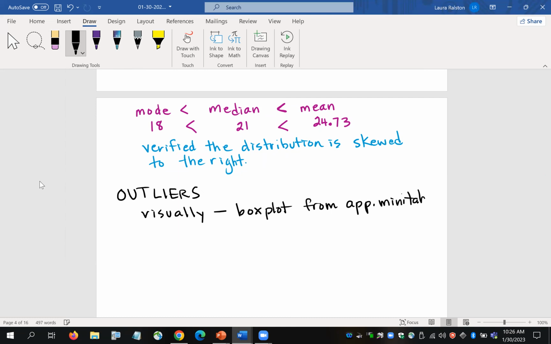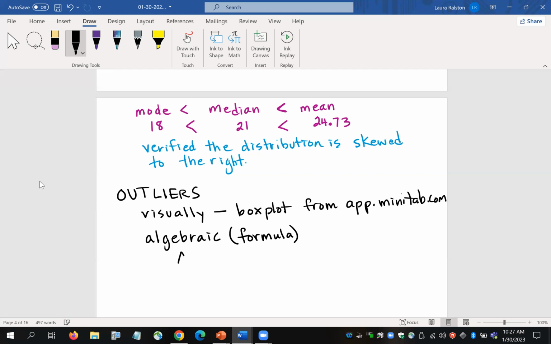But how could we, if we didn't have that box plot to look at? Or how can we confirm, again, verify that those values are really outliers? We have a formula, or if you want to call it an algebraic method, for determining where the outliers are. How did Minitab know to stop that whisker at 35? It's because there's a formula.